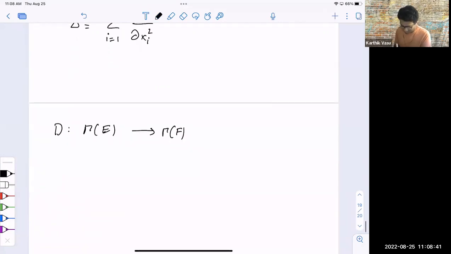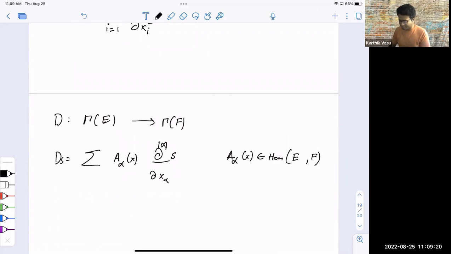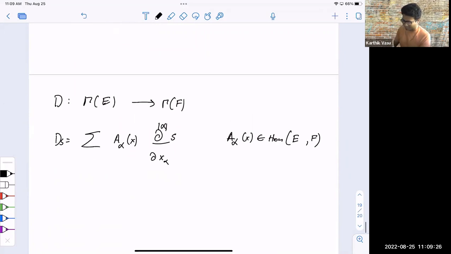So in such a situation, D will look like the same thing in local coordinates: A alpha of x, d alpha by dx alpha, applied to s. The only caveat is A alpha of x has to map something from E to F. Right, it has to be a homomorphism from E to F. You differentiate first, then multiply by a matrix and push it to the next vector bundle.